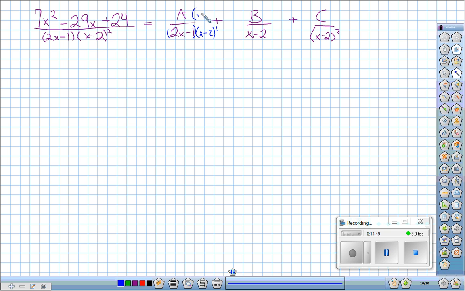This guy, the b, x minus 2, he's missing another x minus 2, and he's also missing a 2x minus 1. And the c term already has 2 of the x minus 2 factors, so now this guy only needs 2x minus 1.